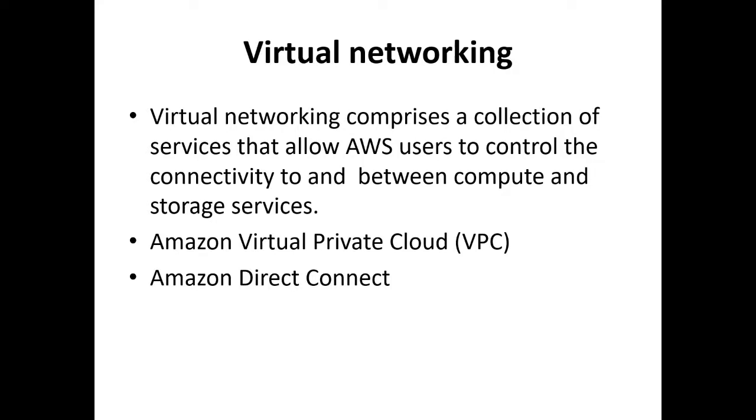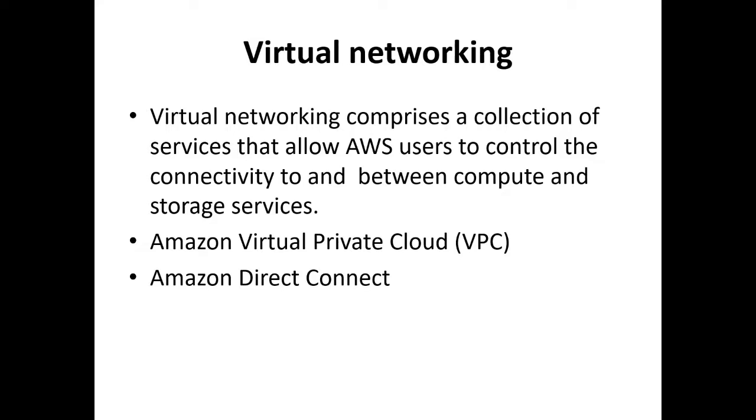Cloud. Amazon Virtual Private Cloud lets you provision a logical isolated section of the Amazon cloud where you can launch Amazon Web Services resources in a virtual network that you have defined. You have complete control over the virtual networking environment, including selection of your own IP address range, creation of subnets, and configuration of route tables and network gateways.